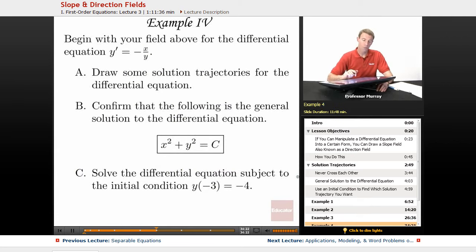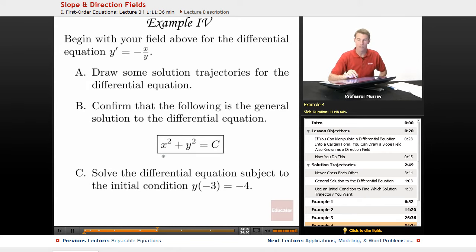So in example 4, we're going to begin with the direction field that we drew for example 3 for the differential equation y prime is equal to negative x over y. In the next slide, I'm going to give you a computer-generated version of that direction field. Here's what we're going to do with it. We're going to draw some solution trajectories for the differential equation. We're going to take this solution to the differential equation and check that it actually works.